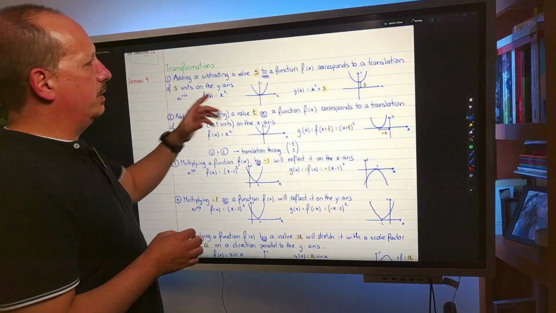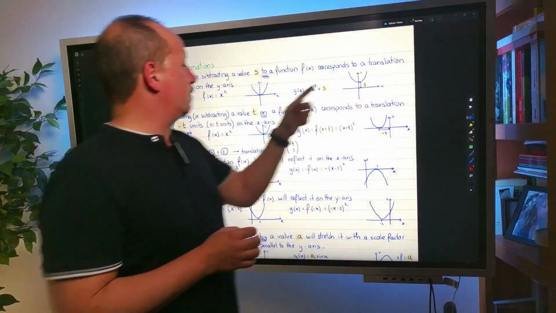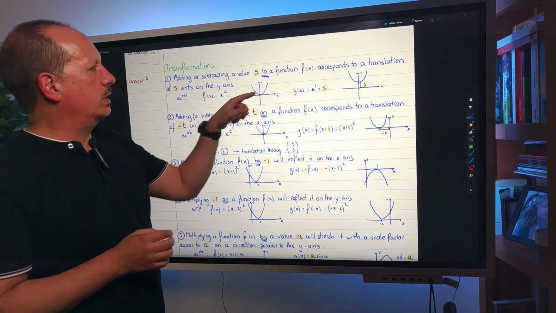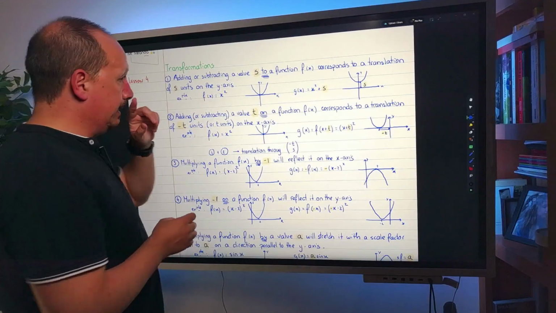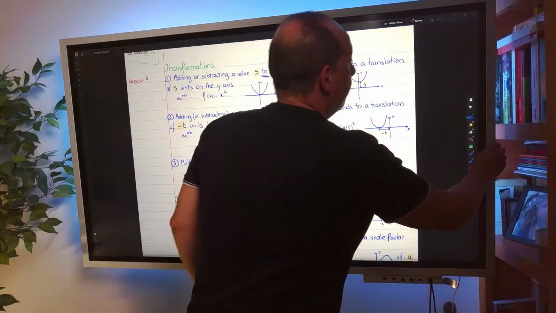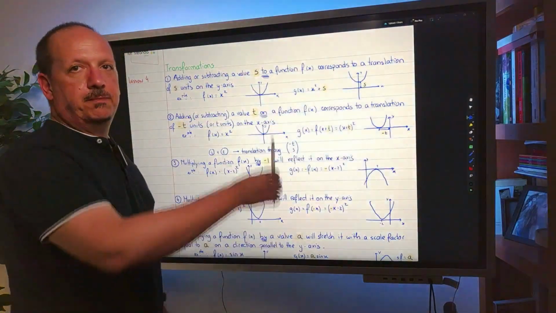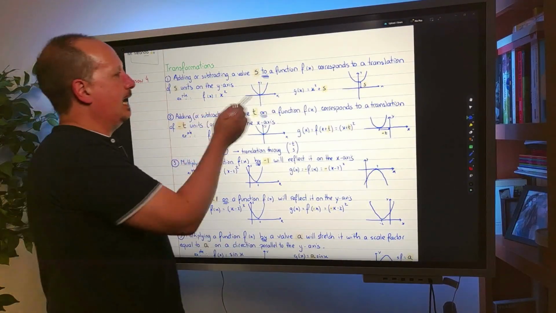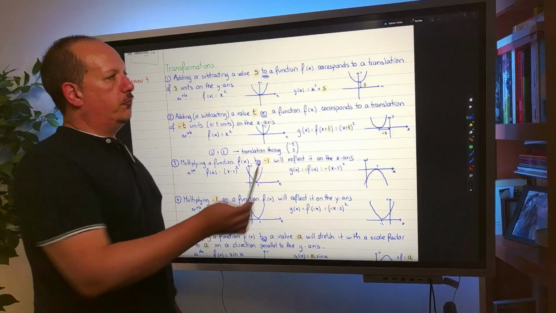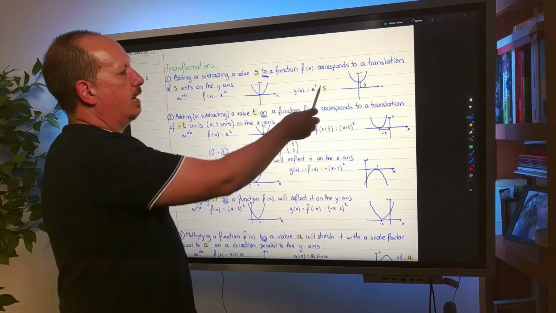For this example, I just use the simplest parabola, which is x squared. Okay, this is the original sketch of the parabola, and I want to change it vertically. So what do I do? I just have to add to the function a number. If I want to move it up by 2 units, I add +2.